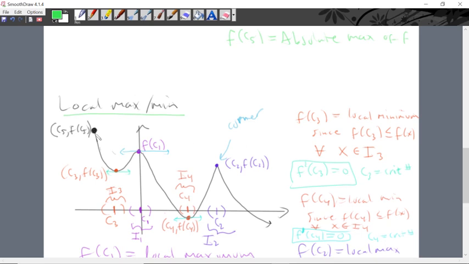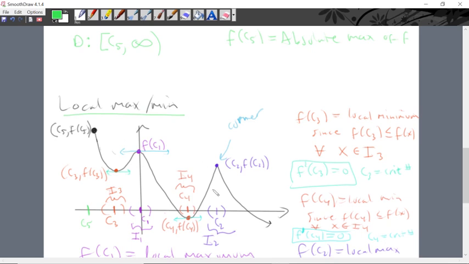And the domain is from C5 all the way out to infinity, by the way, I might mention. The domain of f is now closed at C5 and goes all the way out to infinity. That's the entire domain.